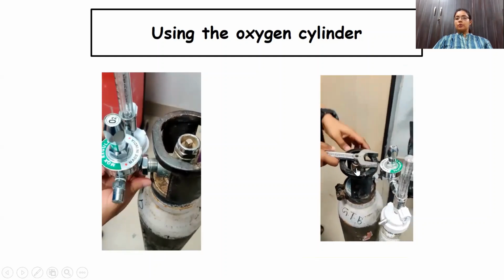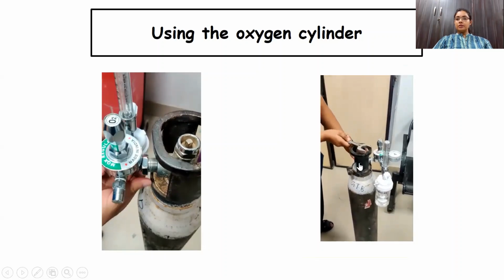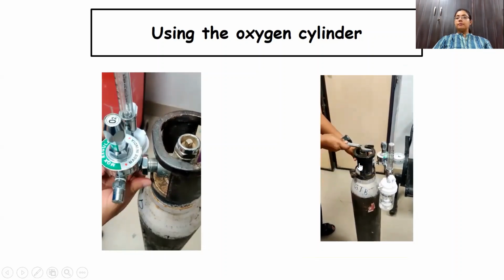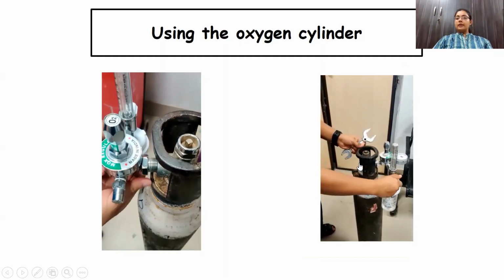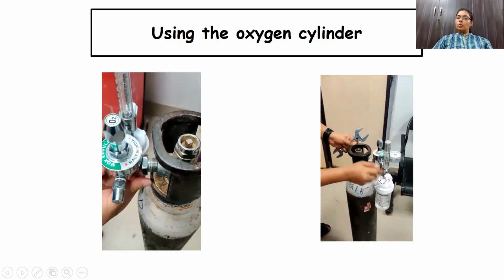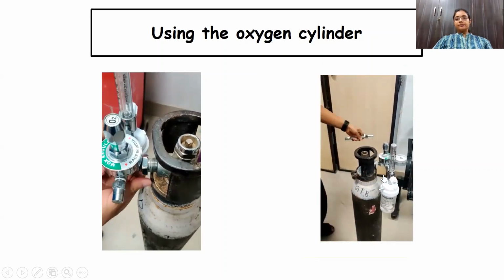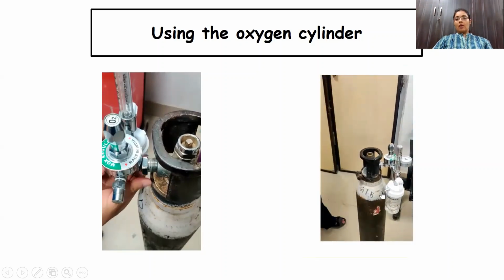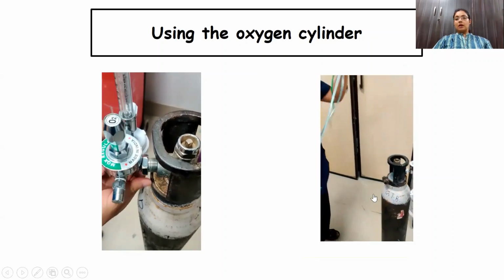So for this you require a key and rotate it in an anti-clockwise direction. Open the cylinder by rotating it in 2.5 turns, and then you open the flow control knob and see the bobbin rise. Next, this is the oxygen nipple, which is used to attach a green tubing.